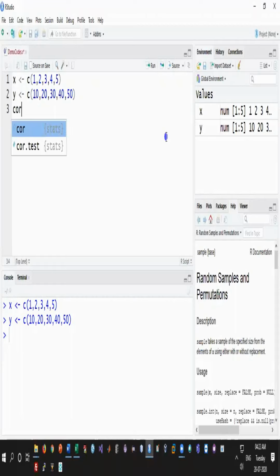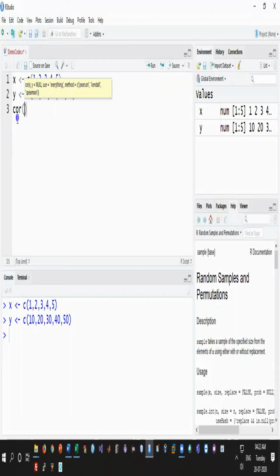My first case, I'll be using the method called cor, which is my method for calculating the correlation. And my first two elements will be the two sets in between which I wanted to figure out what is the correlation, and then I will be mentioning the method.